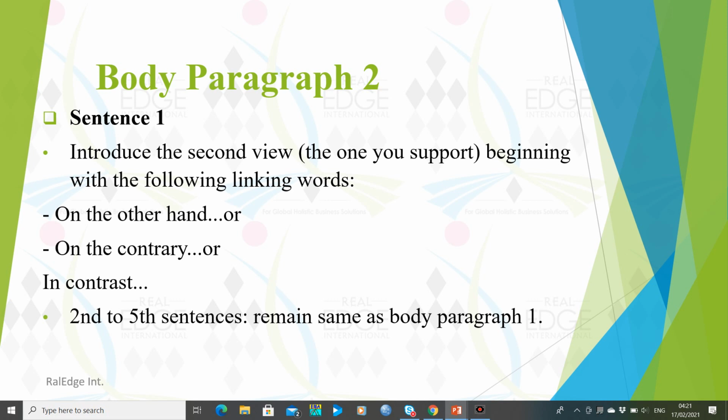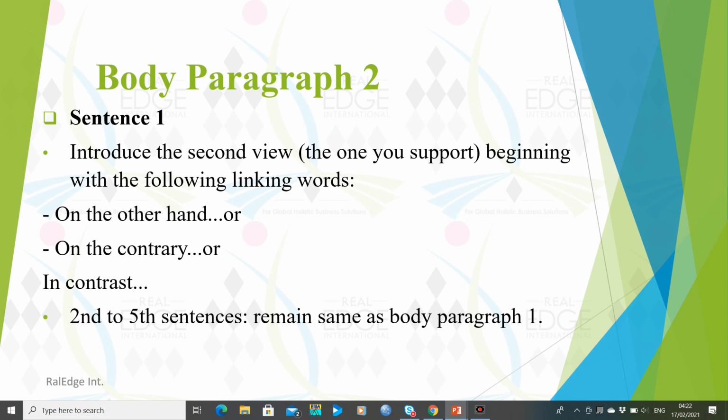Now, in the second body paragraph, we come to discuss your own view or the view that you support. And when doing this, you begin your first sentence using specific linking words, like on the other hand, XYZ, or on the contrary, or in contrast, XYZ.